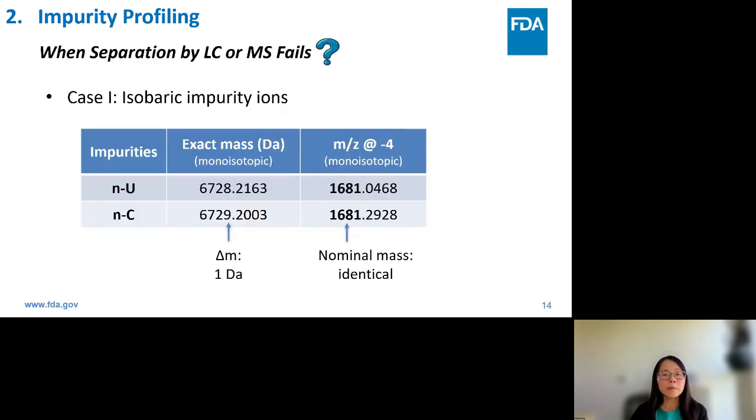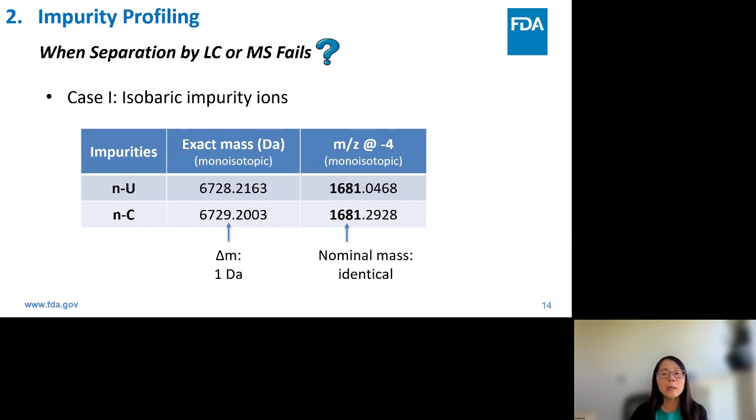So for the remainder of my presentation, I will share with you some recent research conducted to specifically address this challenge. So what to do when separation by both LC and MS fails? Case study number 1, I will use the co-eluting isobaric impurity ions.